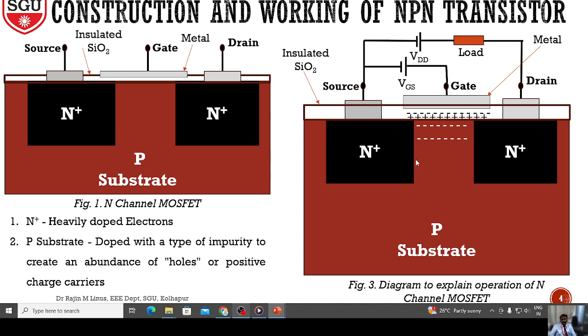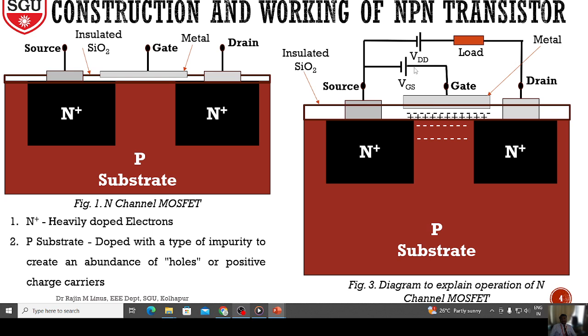So there is no current flow. No electron flow will happen from source to drain or drain to source, therefore there is no current flow between source and drain. Here it is positive, here there are electrons, so they will be attracted. So this junction between P and the n plus will be reverse biased.